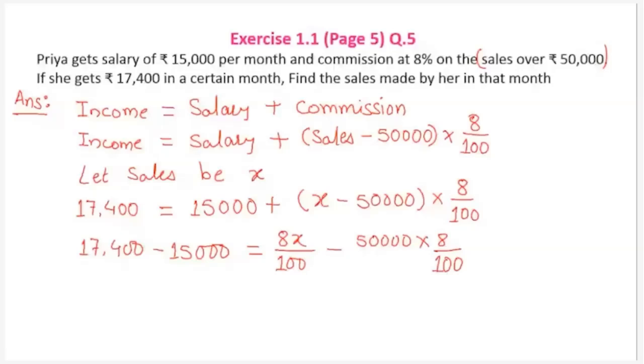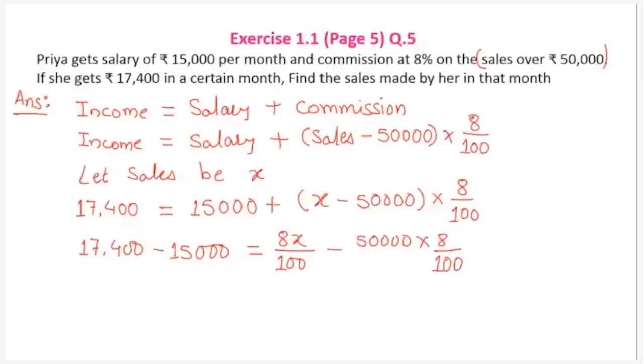Now further, 17,400 minus 15,000 will give you 2,400. Agreed? Subtraction is equal to 8x upon 100 minus, let us do calculation here, 0, 0 got cancelled. So 500 into 8, 8 5s are 40, and 2 more zeros.